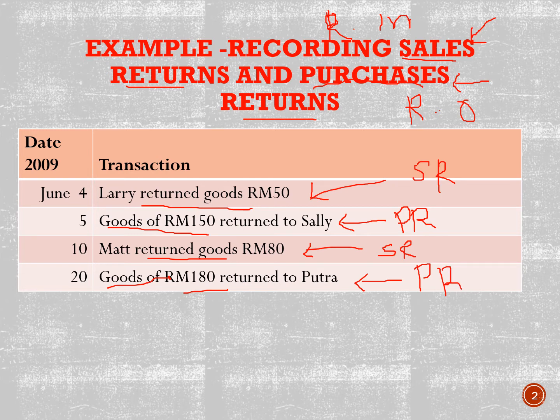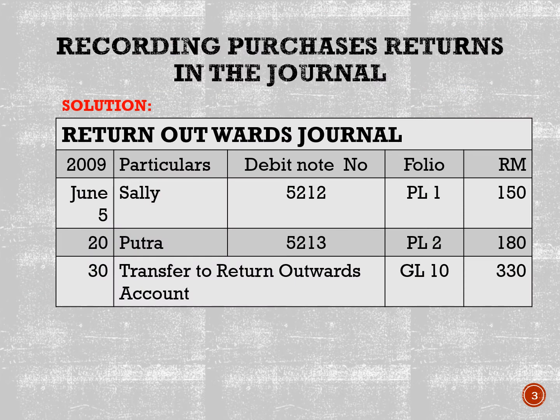So catatan this one, macam mana kita nak letak dia atau record dia dalam kita punya journal. So this one is return outward journal. Return outward adalah purchase return. So purchase return pulangan belian.